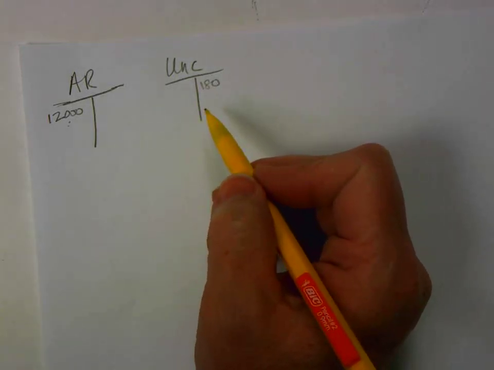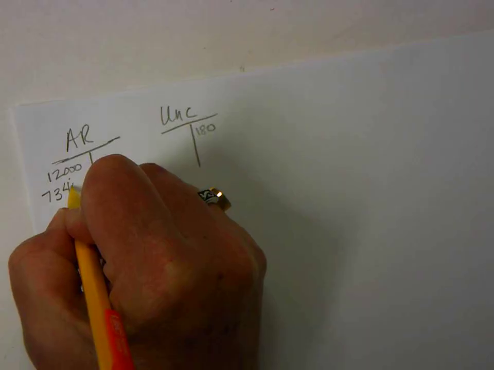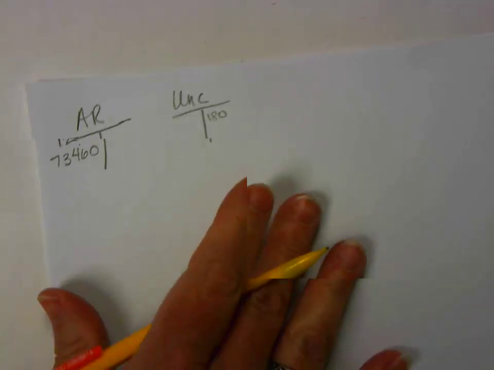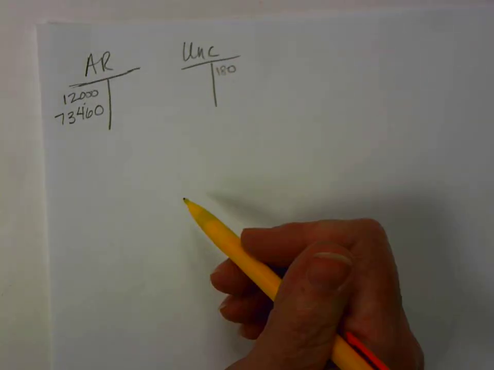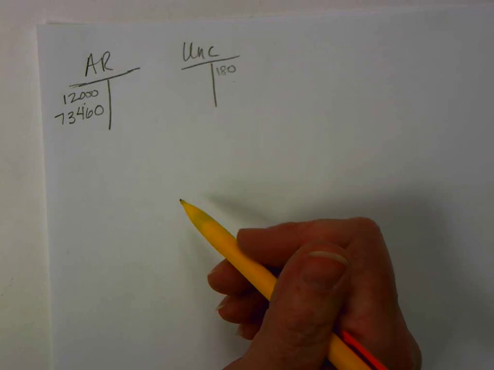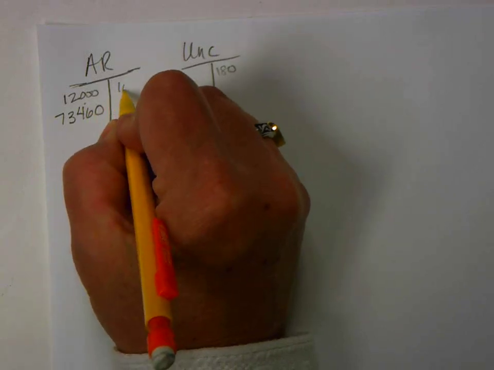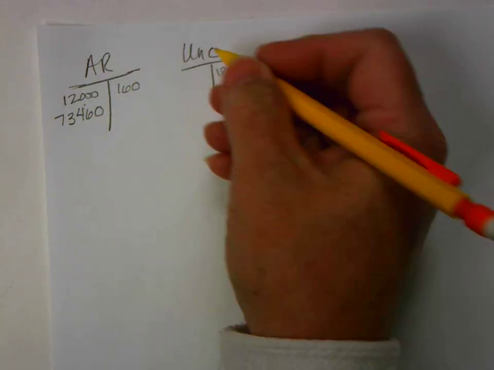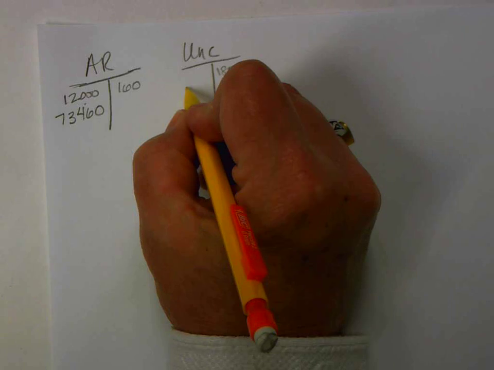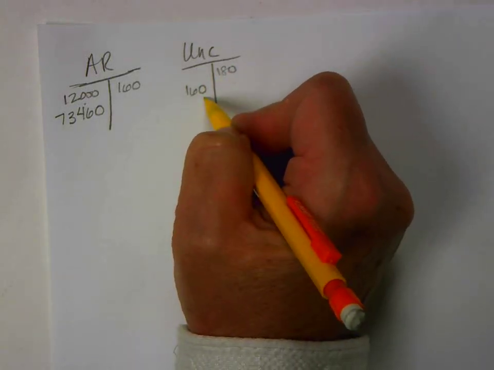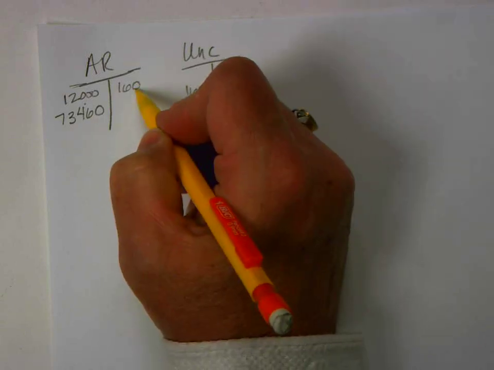All right, and then it goes through and it tells us some things that happen. Additional accounts receivable, 73,460. And then we wrote off the uncollectibles of 160. So basically, we're decreasing our accounts receivable by 160 because we wrote them off, and we're also using part of what we had reserved for uncollectibles. So there's our debit, there's our credit.